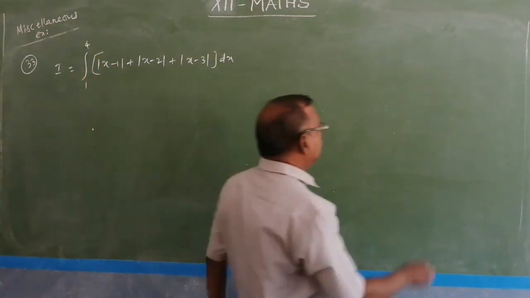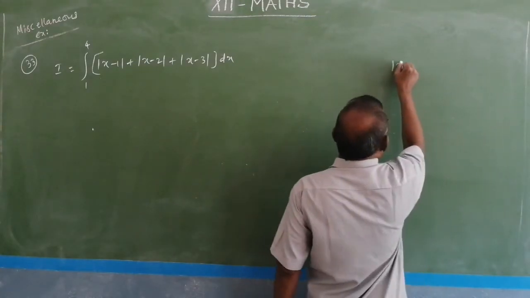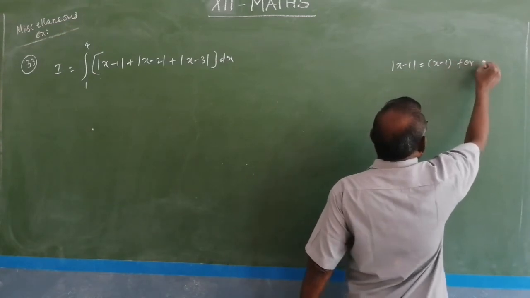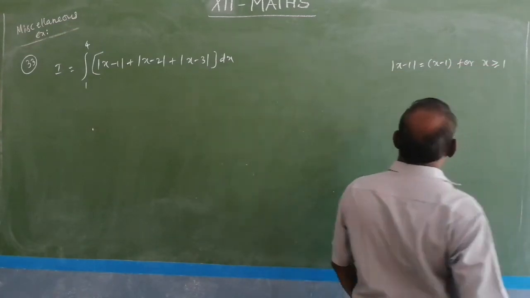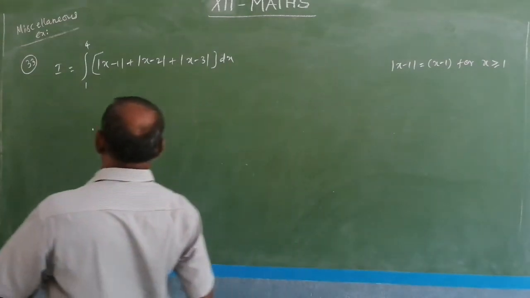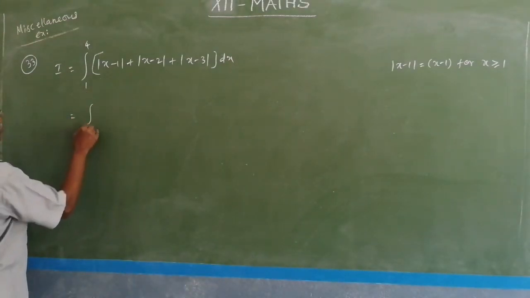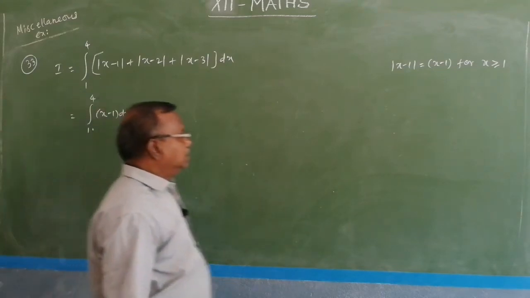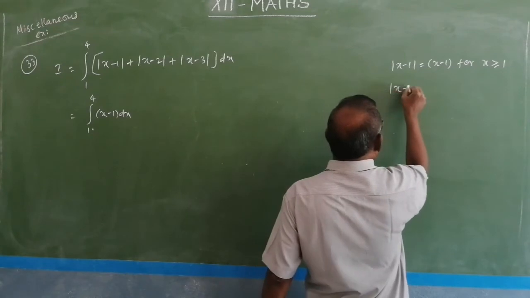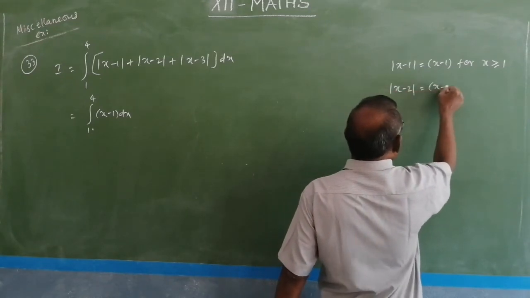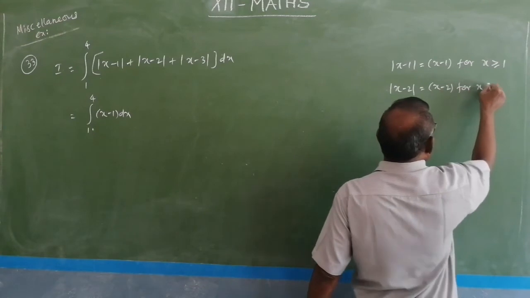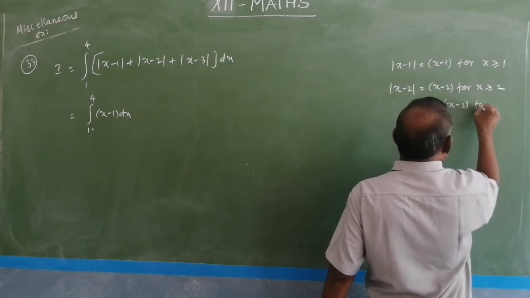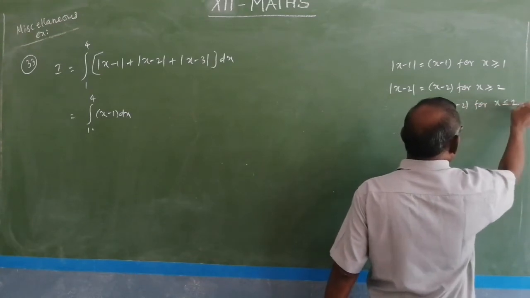Now we know that modulus of x minus 1 equals x minus 1 for x greater than or equal to 1. So we can write this as the integral from 1 to 4 of x minus 1 dx. Now modulus of x minus 2 is equal to x minus 2 for x greater than or equal to 2, and equal to minus (x minus 2) for x less than or equal to 2.